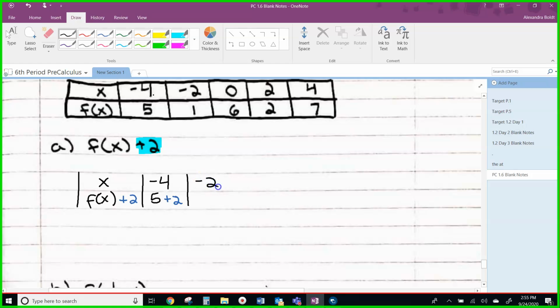-2 doesn't change. 1 gets plus 2. My 0 doesn't change. 6 gets plus 2.